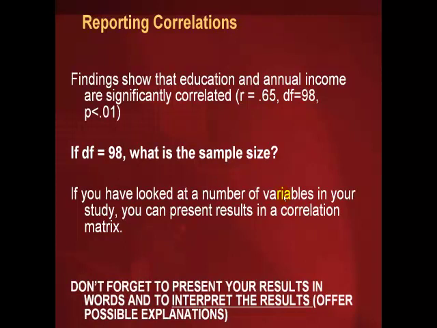You put your R value, your degrees of freedom, which is basically your n minus 2, and the probability that you are accurate, which in this case is a p-value of 0.01. People understand when they look at correlations written out like this what the sample size is, because it's just add 2 to the degrees of freedom.